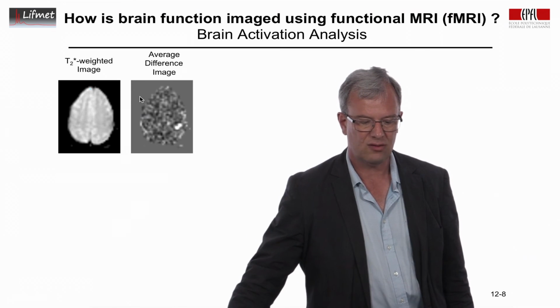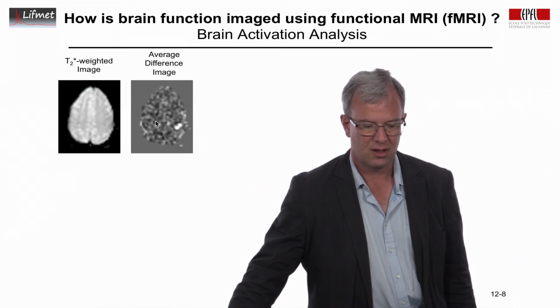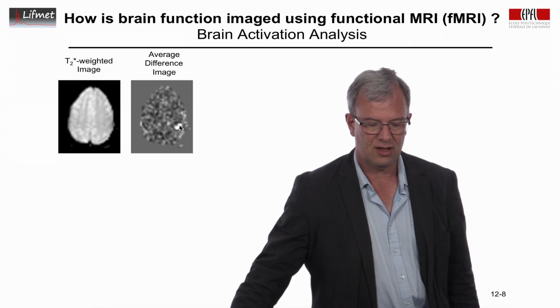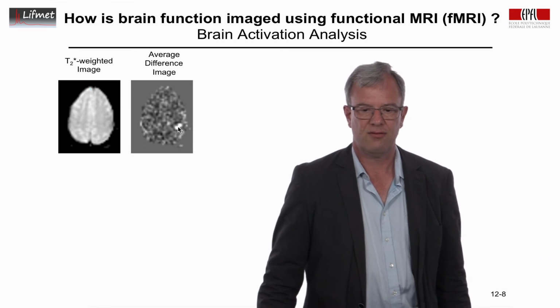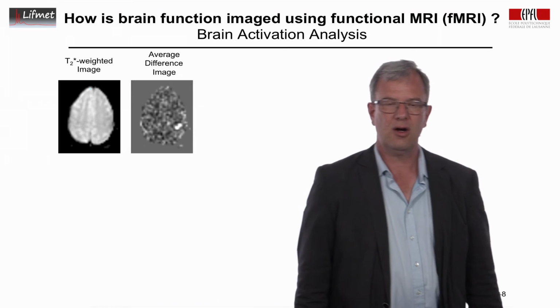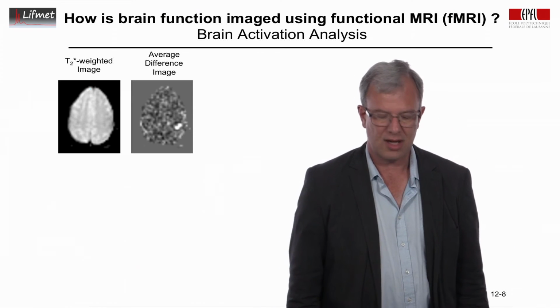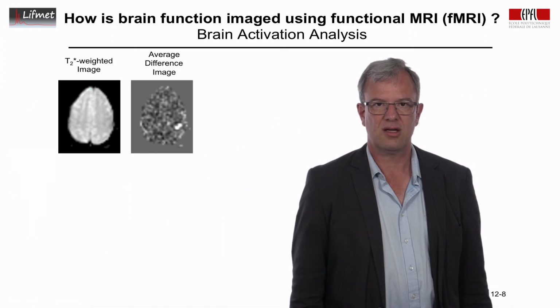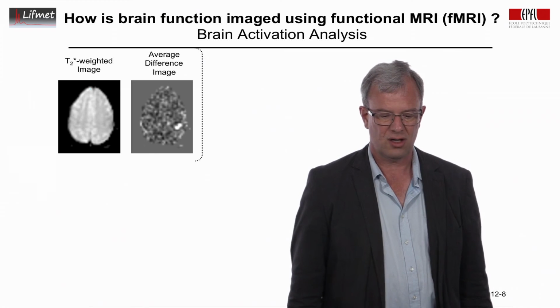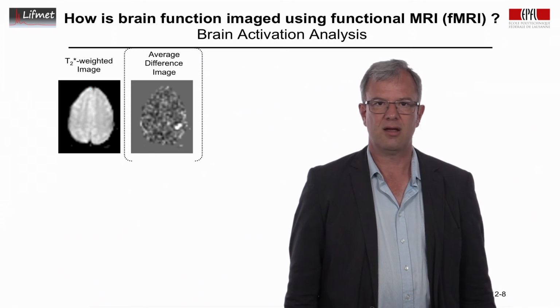Fairly noisy. Outside here is no noise because it's been zeroed. And here we see an area that is fairly bright. This was in the early days how people looked at brain activation to convince the critics that indeed one can see brain activation, but this is no longer the way this is being done.